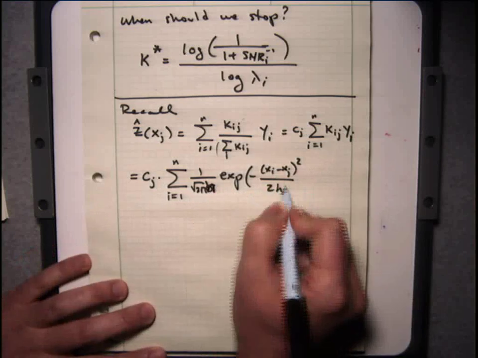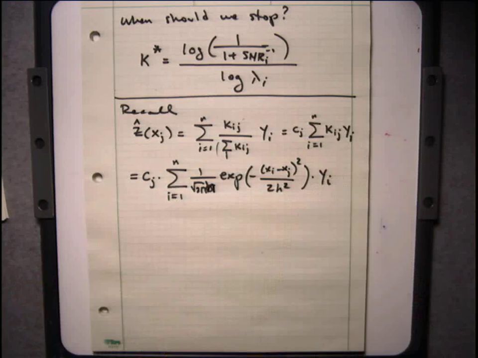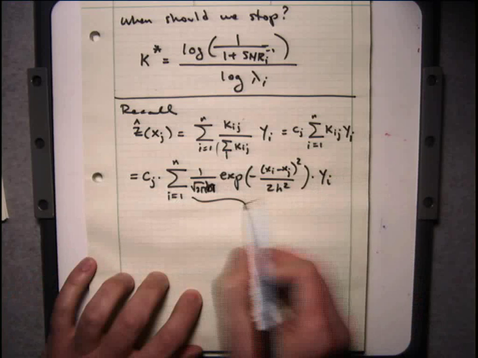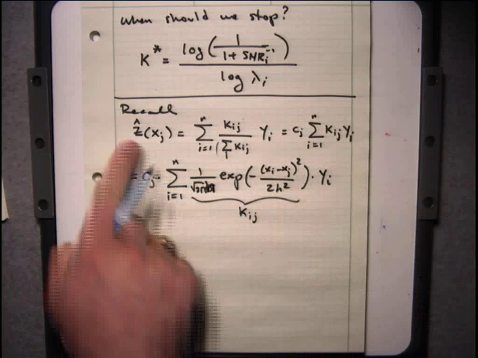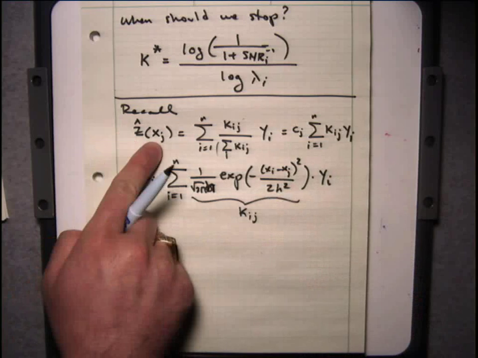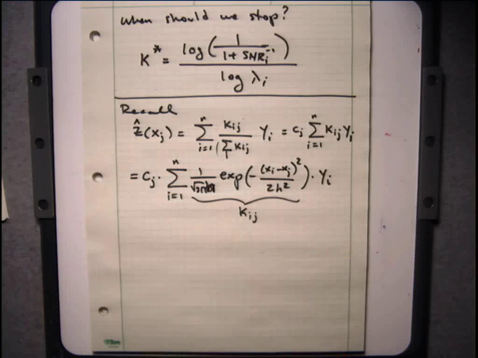Okay, so this here is Kij. All right. So now, what is this telling you? It's telling you that the estimate at any point is simply a linear combination of a bunch of Gaussian bumps.